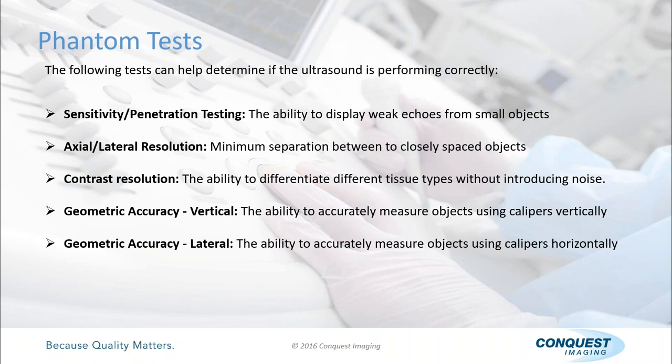They want your gain set to such a level that they can see the max penetration, because that's what we're measuring. That's really the whole point of this test: to measure the maximum penetration for that probe at its various frequencies.